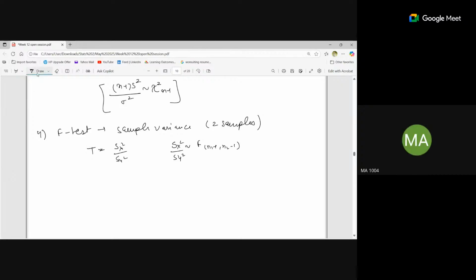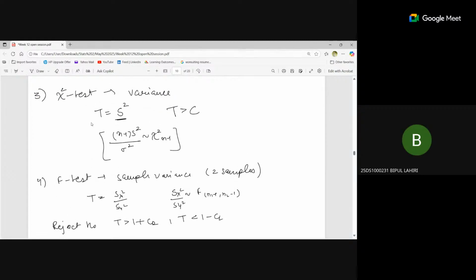My test would be rejecting H naught if my T is greater than 1 plus CR and T is less than 1 minus CL. A student asks whether the degrees of freedom are n1 plus n2 minus 1.